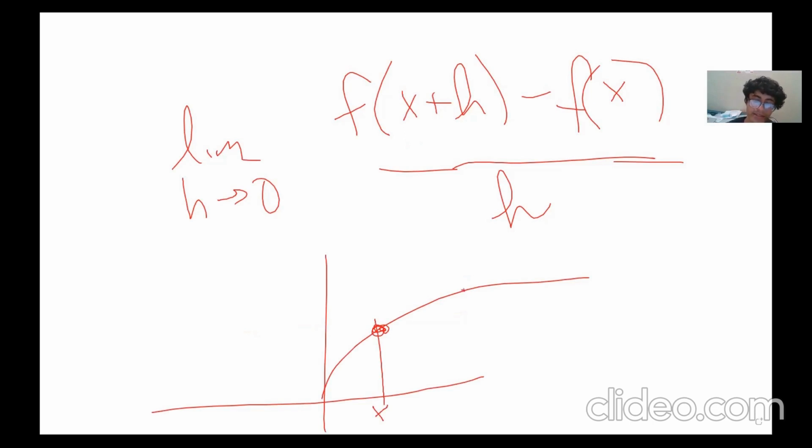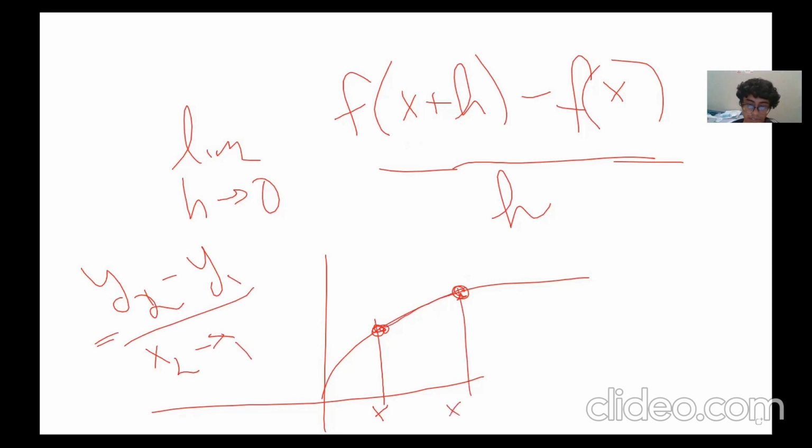A secant line's slope would be like this, and this would give you the slope of it. This is essentially a secant line, and this is x plus h.